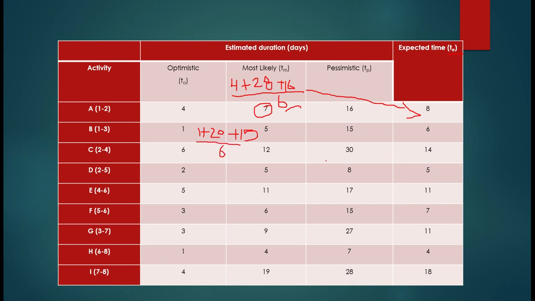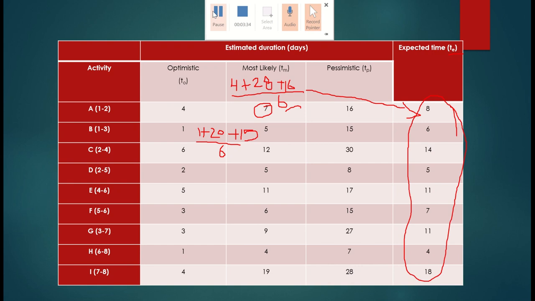So 21 plus 15 is 36, 36 by 6 is 6. The same formula we have applied for all the activities, and this is how we have calculated average time or expected time, and the symbol is TE.